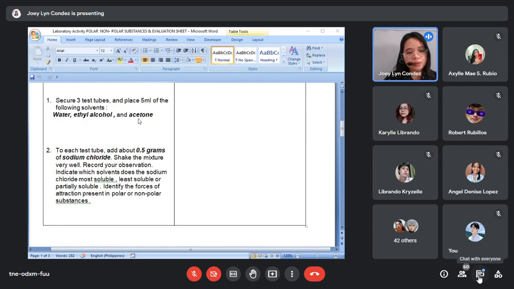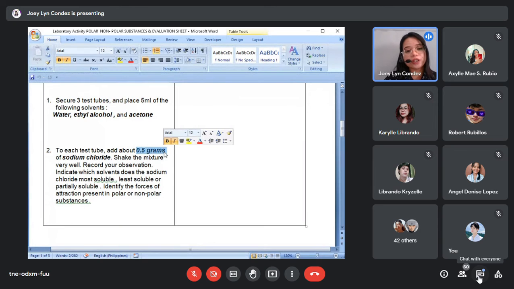Now, once you're done, everyone, you will use these substances as your solvent. Meaning, their quantity is larger compared to the solute. So we will use sodium chloride as our solute. Measure the sodium chloride, make sure that they are all 0.5 grams. You need to use the beam balance here.